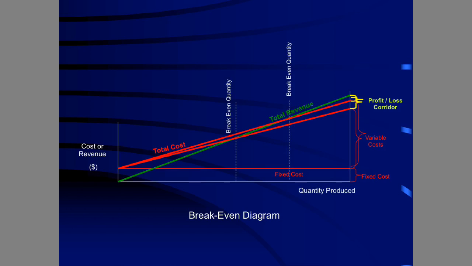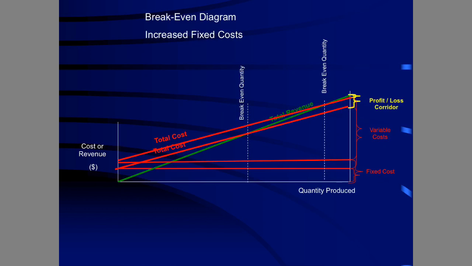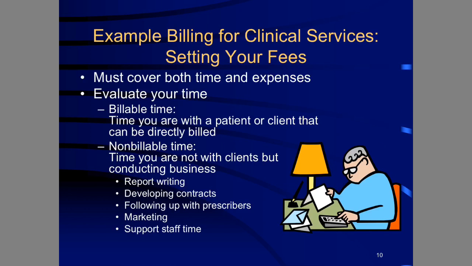But the difference in differential analysis is at what point after we get to that break-even point, if we increase volume of a certain thing, we may have to affect fixed costs, which may also affect our profit margin. And so we have to constantly look at that from different aspects.